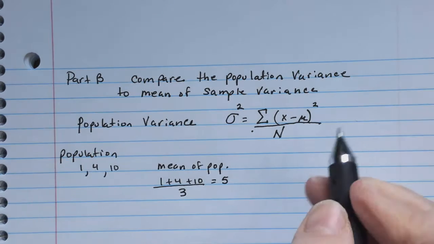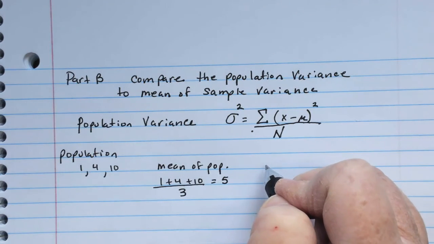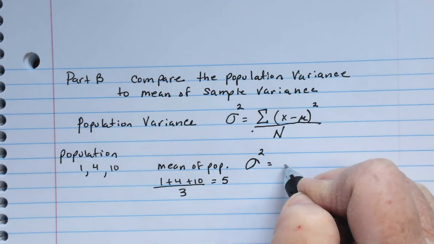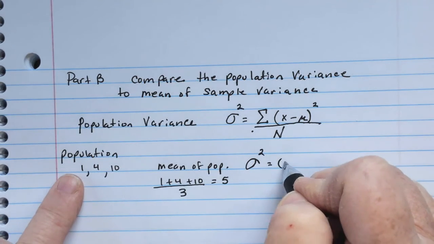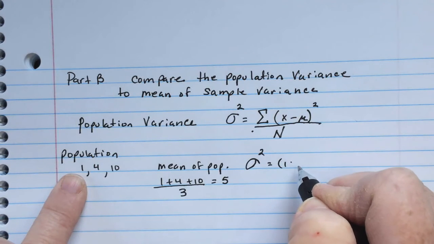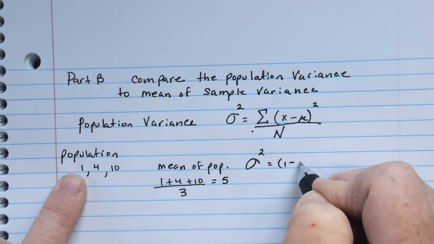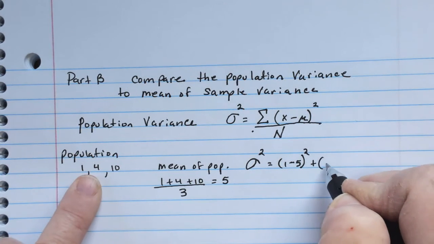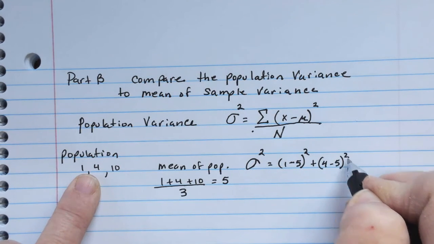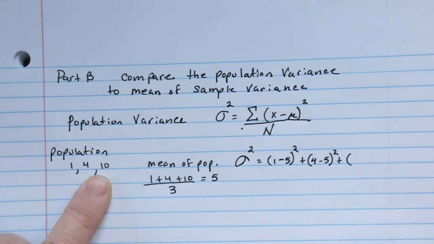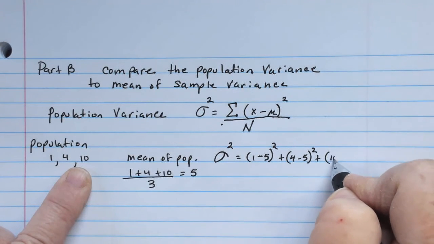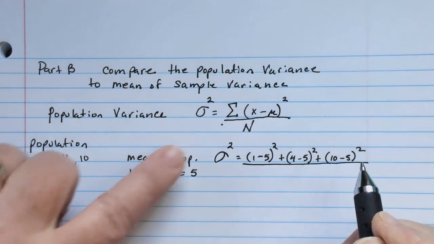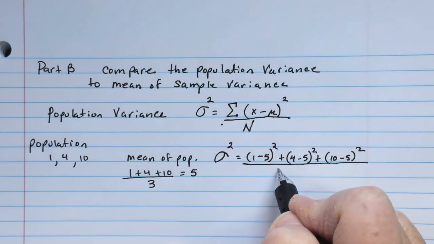Now we want to calculate our variance. So we're going to add up our entry minus our mean squared, plus our next entry minus our mean squared, plus our third entry minus our mean squared, all of which divided by our population size, which is 3.